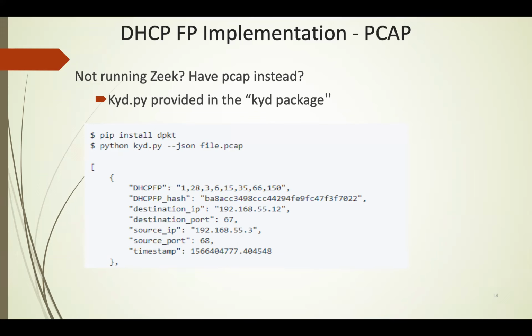If you are not running Zeek yet and you still want to produce DHCP fingerprints, you can do that using just one single script called KYD.py. It will print out all the information in JSON, and then you can ingest that information into whatever tool you are using to analyze the data further.